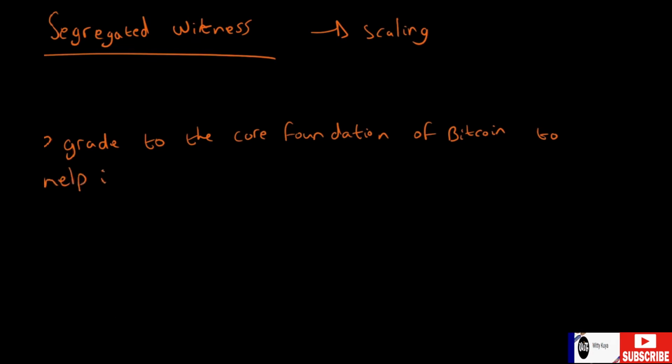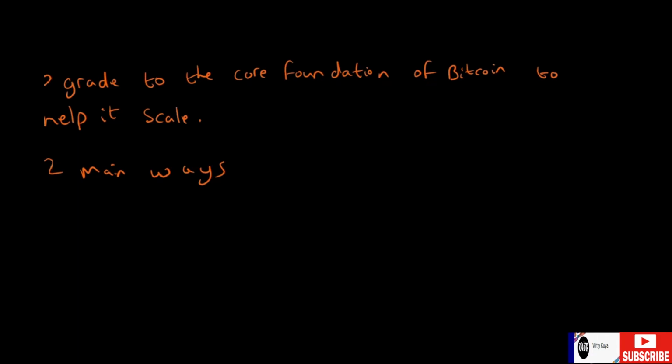So it was proposed to help it scale, and it helped it scale in two main ways. So the upgrade, or the features of the upgrade, were two parts really. So one was code optimization, which alters how some data is stored to the network.